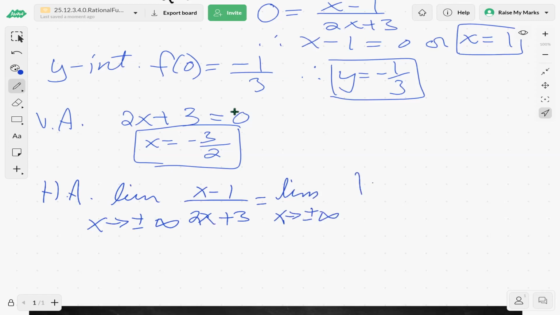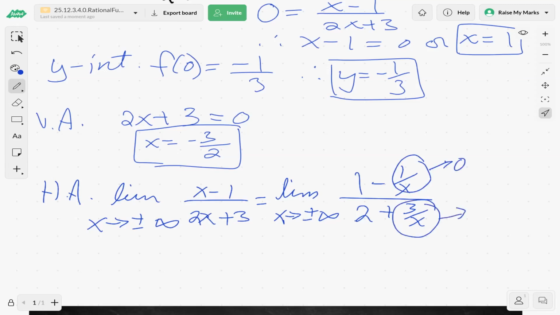We get 1 minus 1 over x, over 2 plus 3 over x. As x gets really large, either negatively or positively, this term goes to 0, since 1 divided by a really big number is really small. And this term, 3 divided by a really big number, also goes to 0. So this limit is actually a half. Therefore, y equals 1/2 is our horizontal asymptote.